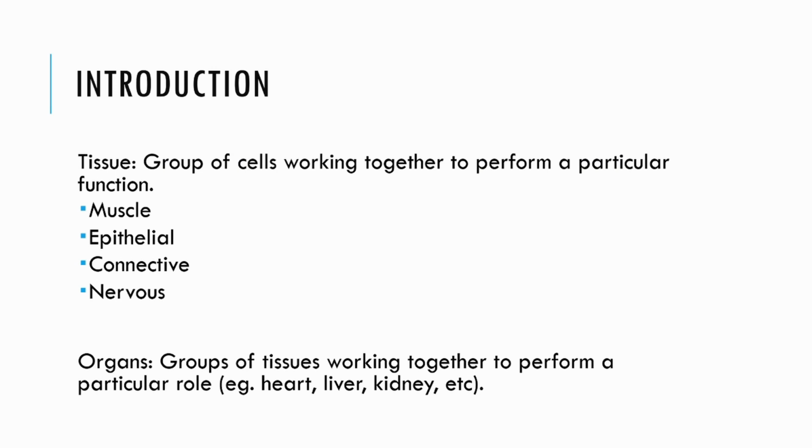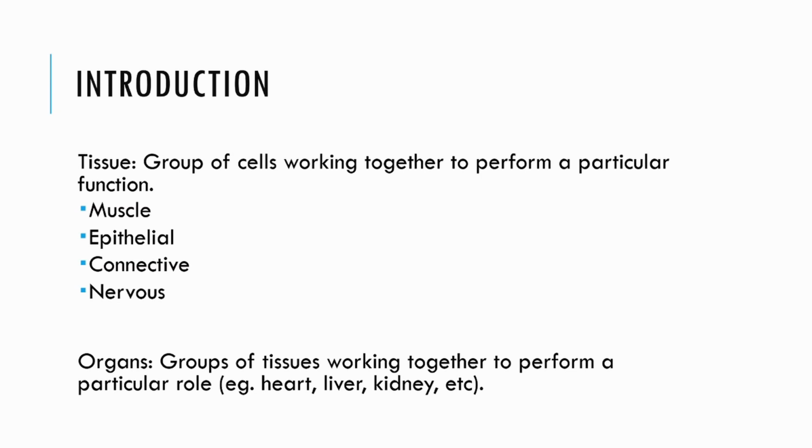So let's introduce what a tissue is. Now this is a level above cells. So a cell would be our smallest unit of life. A tissue would be a collection of those cells, specifically cells that look the same and do the same kind of job that are found working together. So it's a group of cells working together to perform some particular type of job or function.